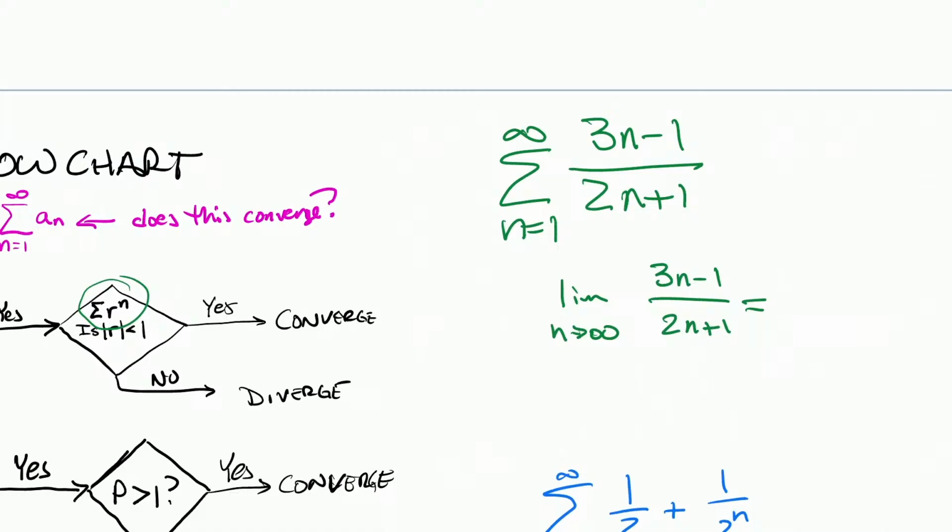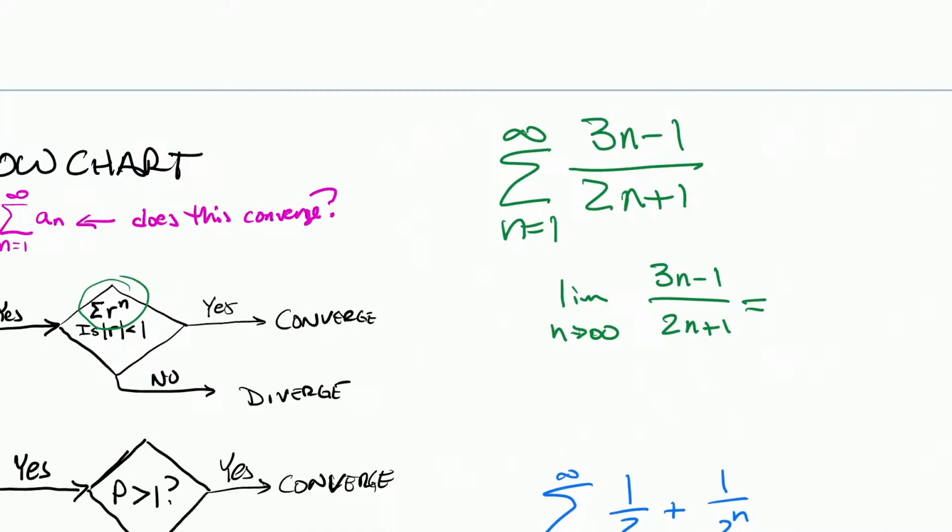You got it? All right, Eli, what's the limit as n approaches infinity of this? Leading coefficients, because it's polynomials. Yeah, 3/2.